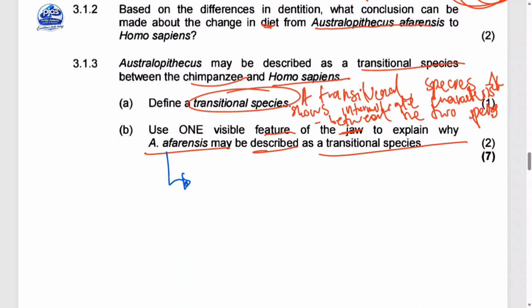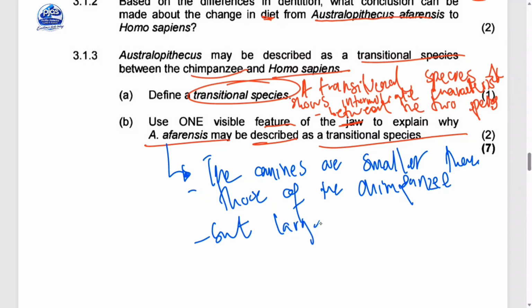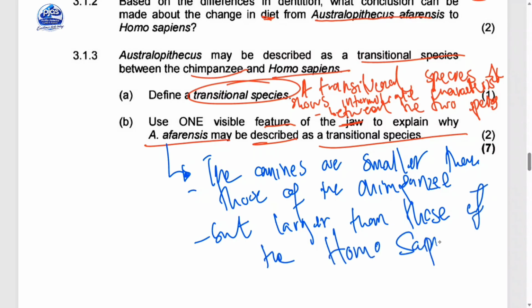So what we saw that we said that now the canines are smaller than those of the chimpanzee, but larger than those of the Homo sapiens, when you compare.